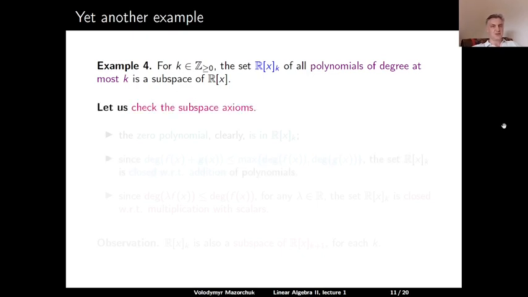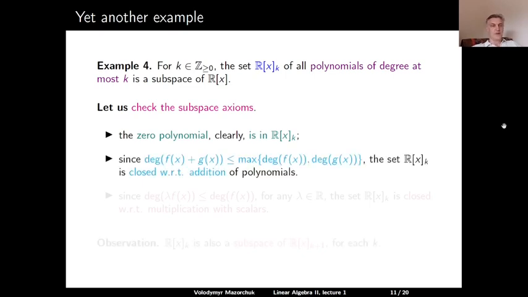So let us check the subspace axioms. First of all, the zero polynomial obviously has degree which is less than or equal to k, so it belongs to our set. Next, we know that the degree of the sum of two polynomials is at most the maximum of the degrees of the summands.